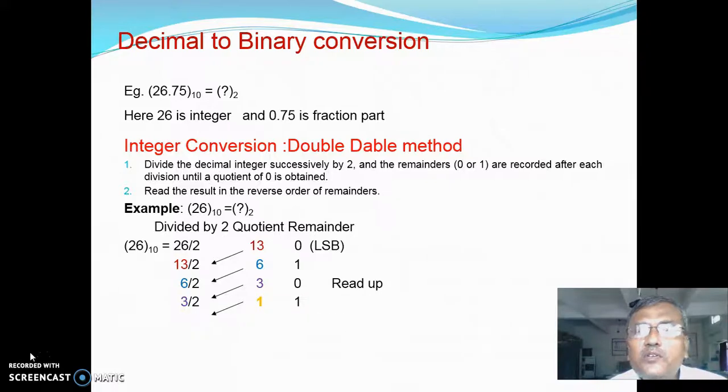In this way we continue this process till the quotient becomes 0. Now we collect all these remainders in reverse order, from bottom to top. Therefore 26 to the base 10 is equal to 11010 to the base 2. The last one is called the MSB and the first one is called the LSB, that is the most significant bit and the least significant bit.